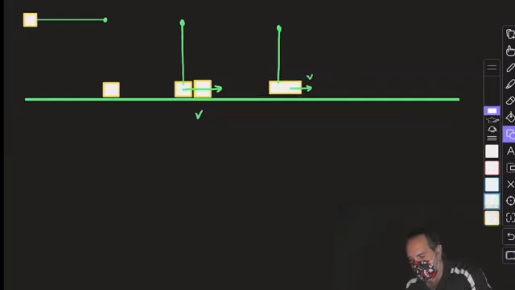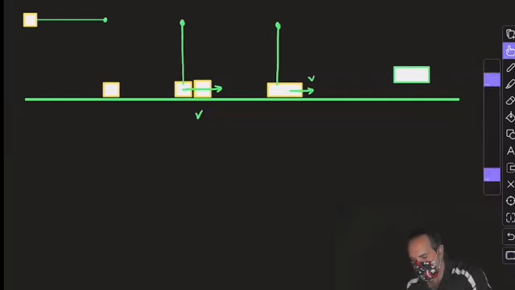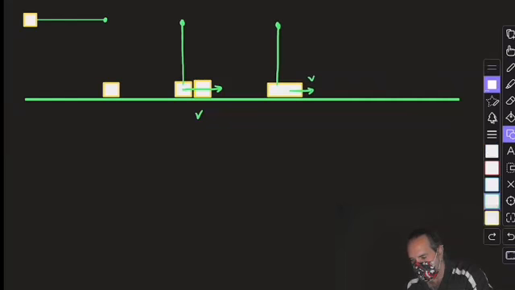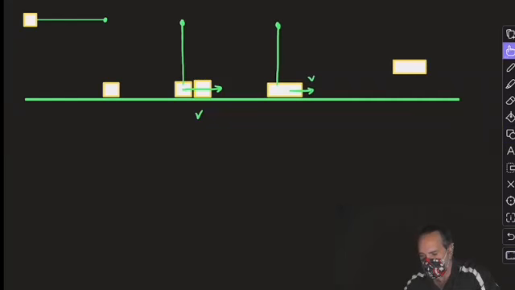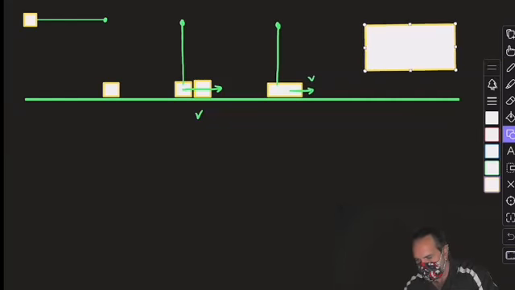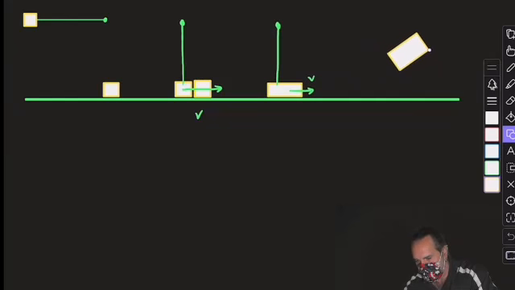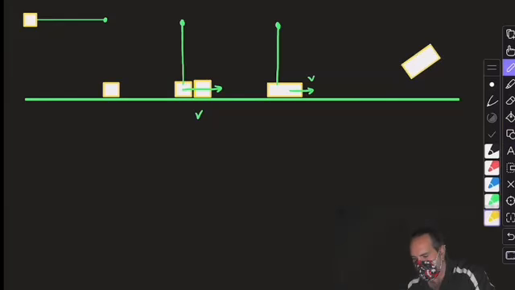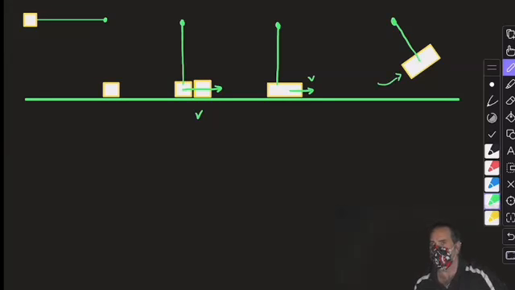And then there's the part where it's swung upwards and comes to rest for a second.